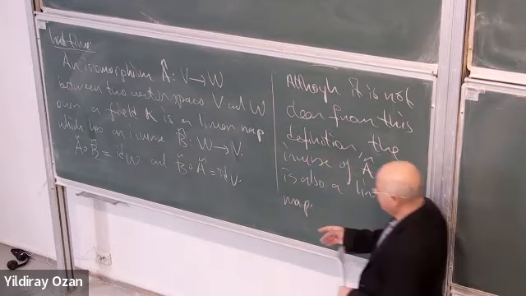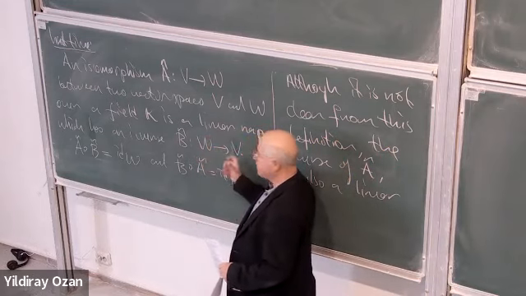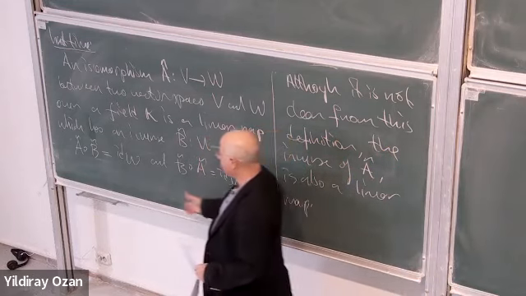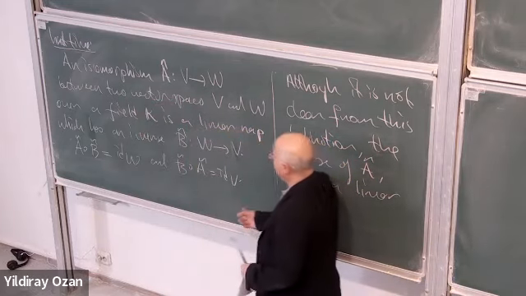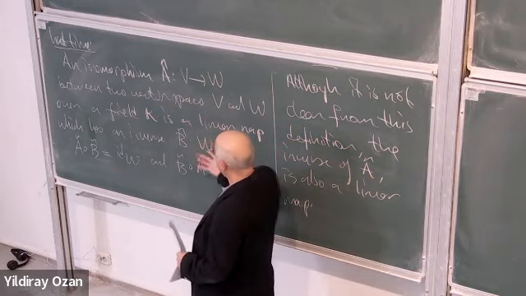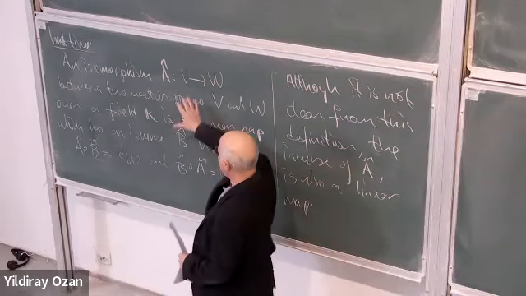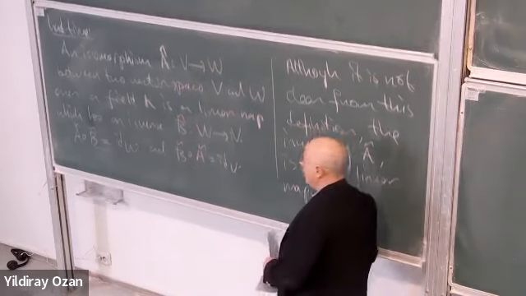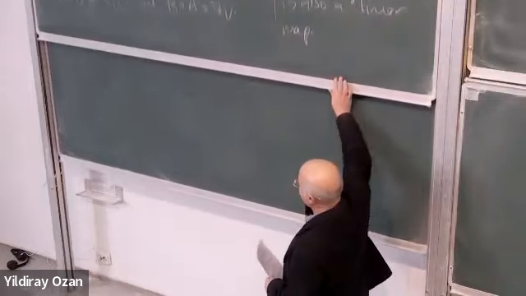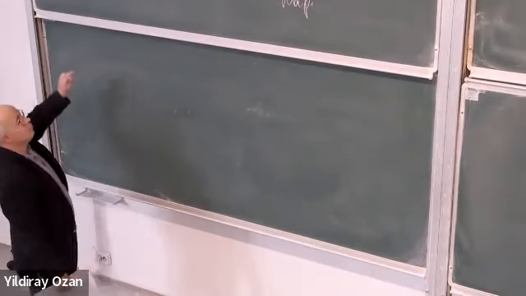Like we say an inverse, but inverse is just a function satisfying these two conditions. From this definition, it is not obvious that if it is linear, its inverse is also linear. But it's easy to see. So let's see the proof.